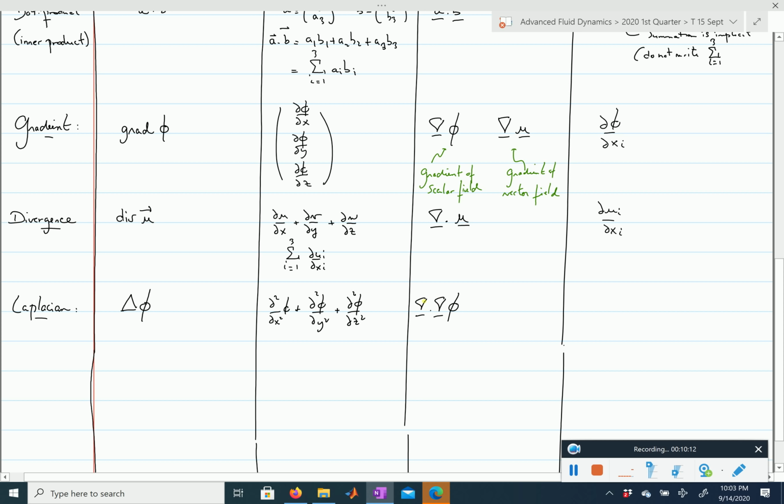Here you have an inner product, it looks like, between the two nablas. So usually I will write this as nabla squared phi. That would be notation for the Laplacian, and in index notation you would simply represent this as second partial of phi with respect to xi. Note that here there are two partials, a partial with respect to xi and another partial with respect to xi of phi. Those represent the same index, so you have a double index i, and therefore the summation is implicit again.